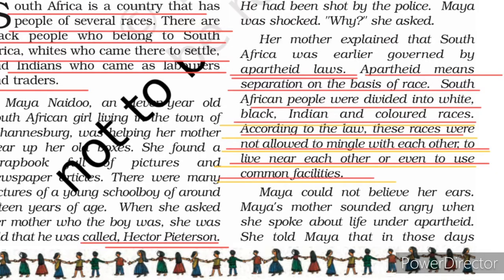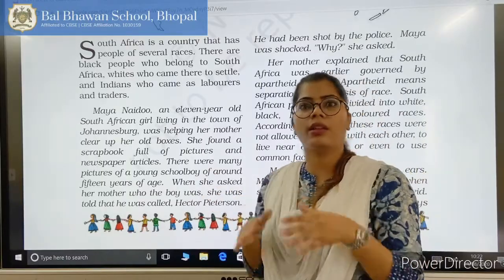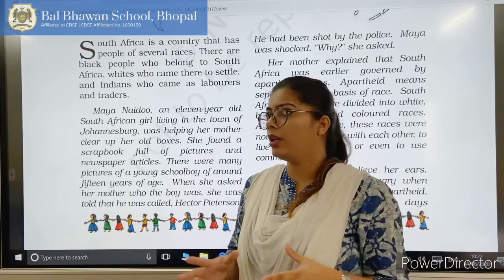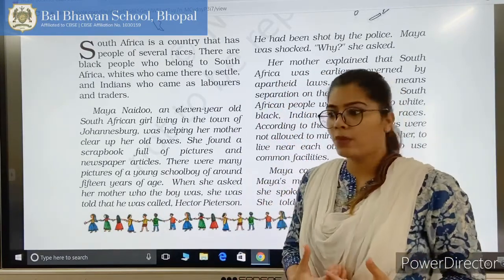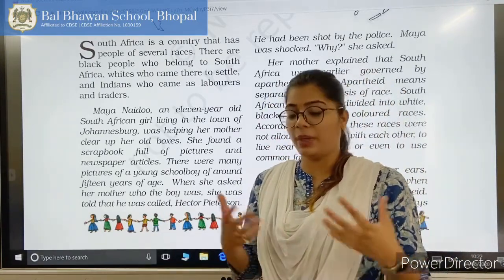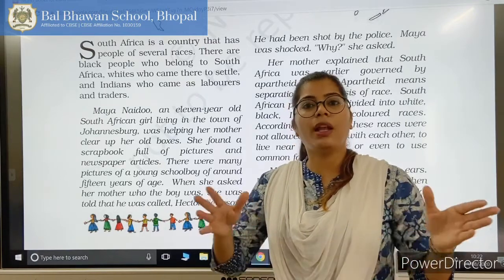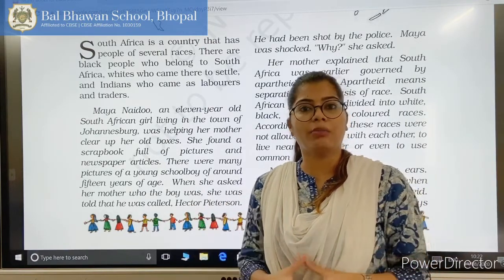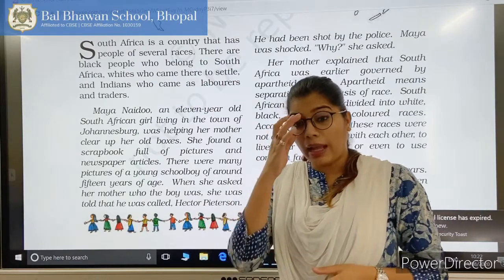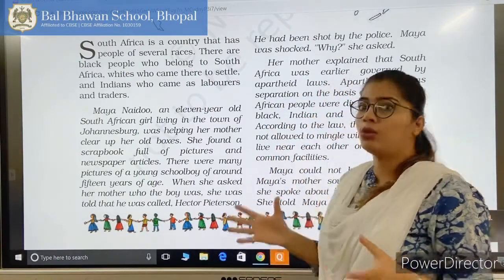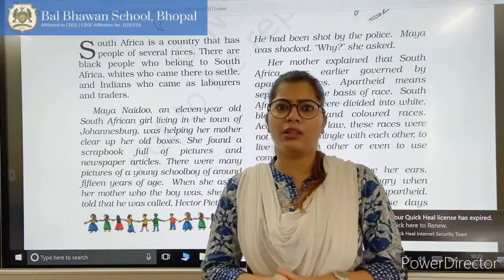Now, this is a law which was being run in South Africa by the government, which was called apartheid, which basically says that the people are going to be separated on the basis of their color, and these people are not at all allowed to mingle. What basically does this mingle mean?